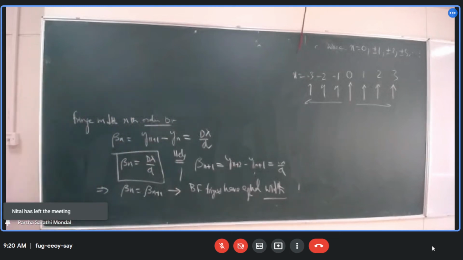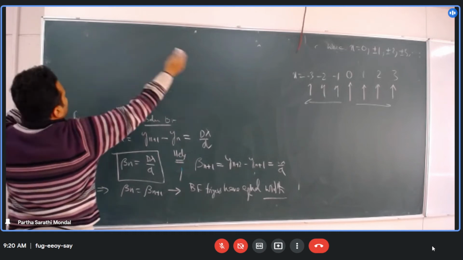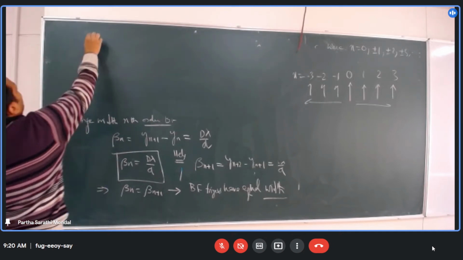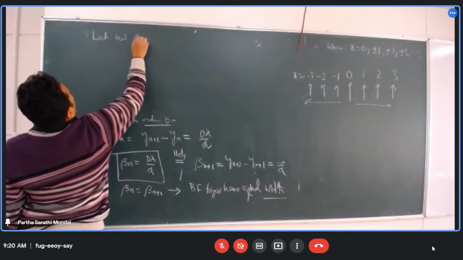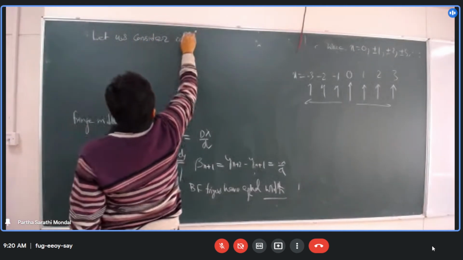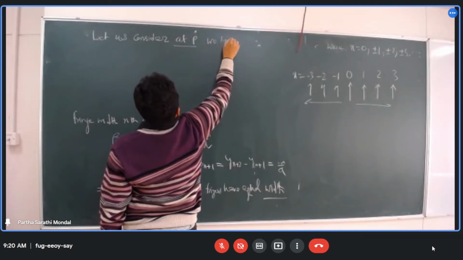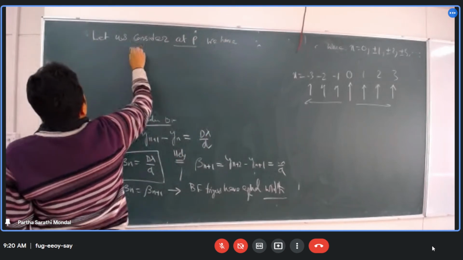Okay, tell me. Now let's say y_p. Earlier what we said was, at point P we considered maxima, right? Now let us consider that at P we have dark fringe or minima.